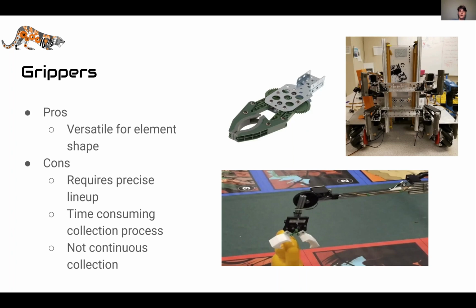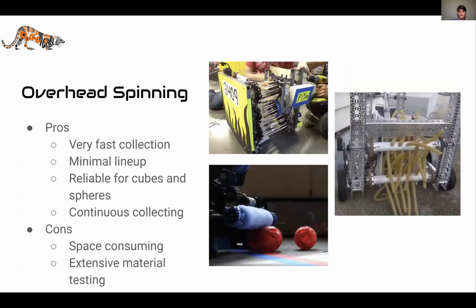It's also a very time-consuming collection process, because you have to collect one or two at a time, and you can't just keep on feeding them into your robot. Your claw can only obtain one or two elements for every cycle that you open and close it, which is not the most efficient way of doing things, but it is fairly easy and simple to design.